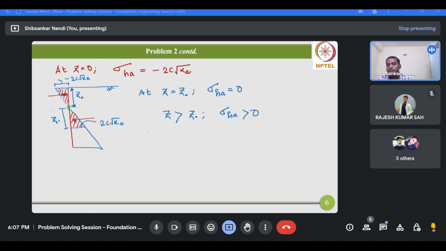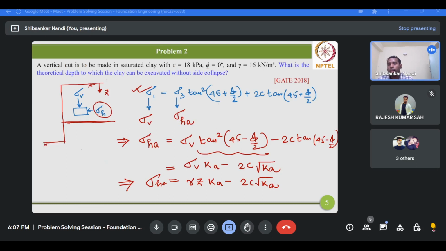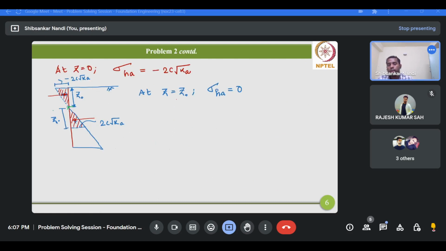Our answer would be that the depth is 2 times z0. And why? Just now we have explained. This is the critical height of a vertical excavation without any side collapse or without the requirement of any lateral support. Now, as you asked, how to calculate this z0?